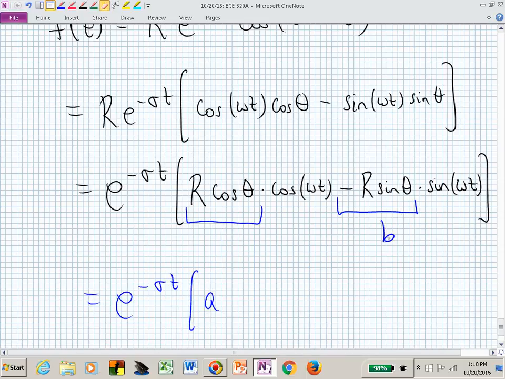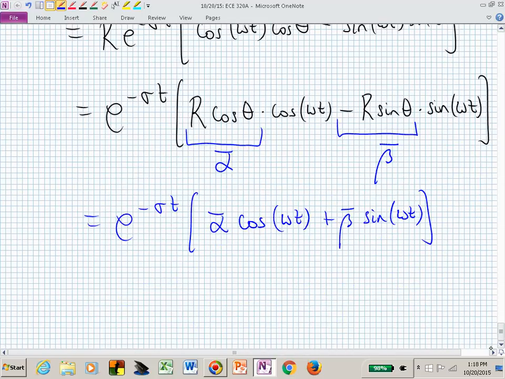Help me. I'm suffering up here. So can I call this alpha bar and beta bar without you getting mixed up with that being the e to the minus alpha t at some point? This is now alpha bar cosine omega t plus beta bar sine omega t. You guys are more comfortable with bars anyway. Sorry.